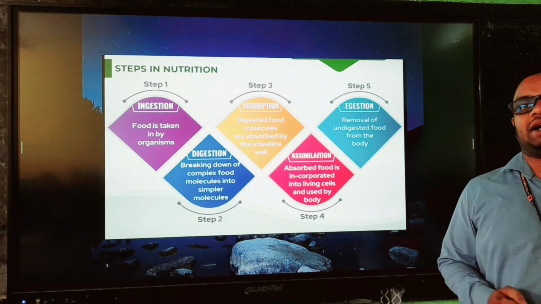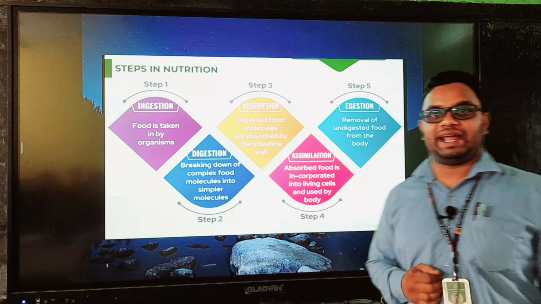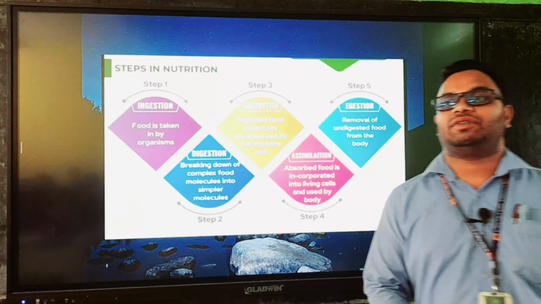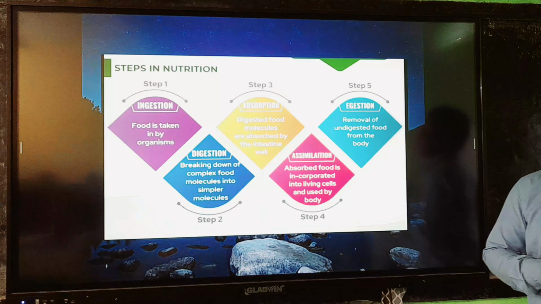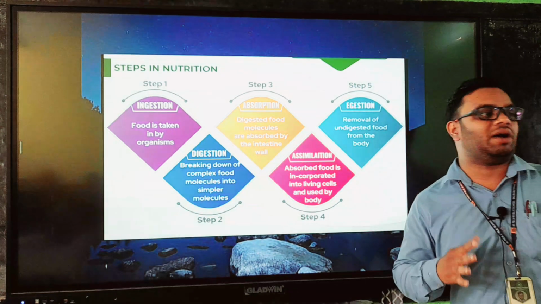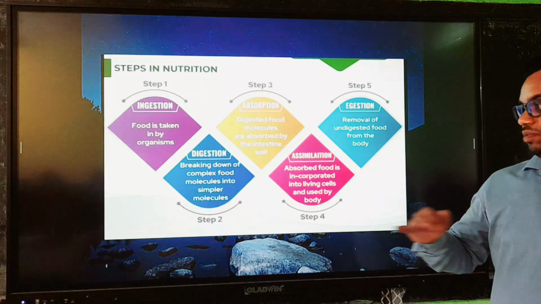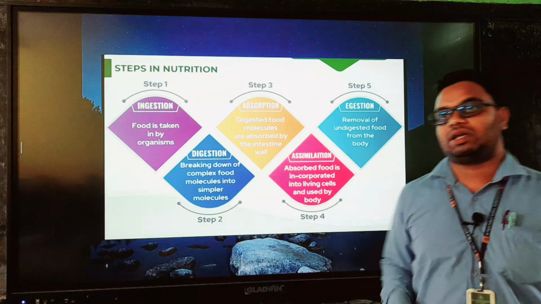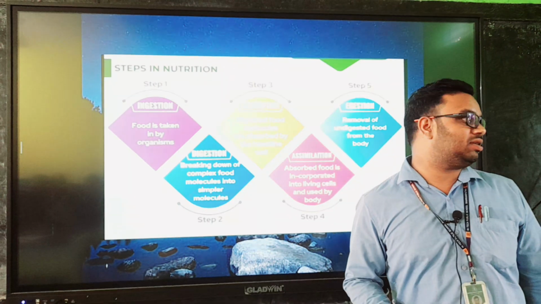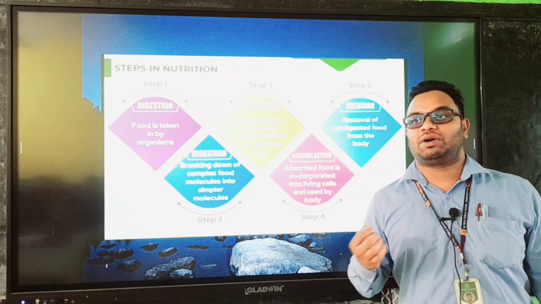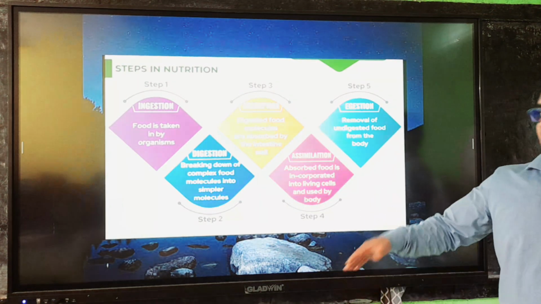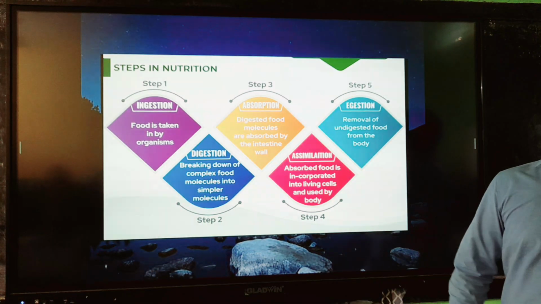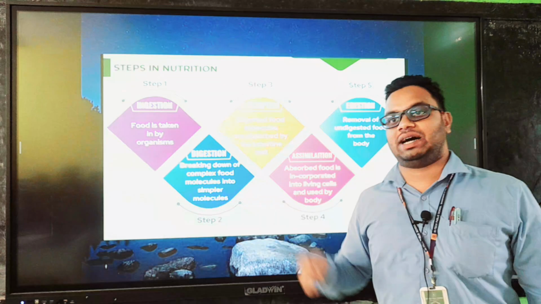All the food items which we are eating are in complex form. That complex form we cannot use directly, so we have to break it down into small, simple molecules. Those simple molecules we can use for our growth, repair and development. How is it possible? It is possible with the process called digestion.